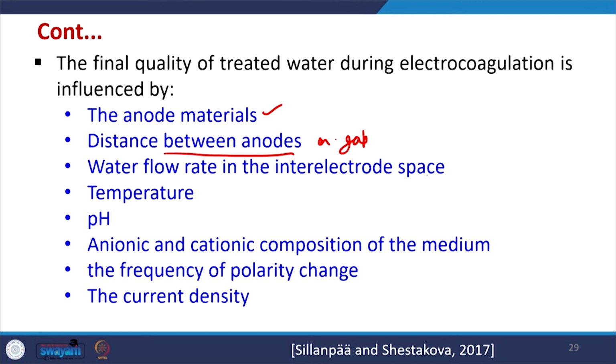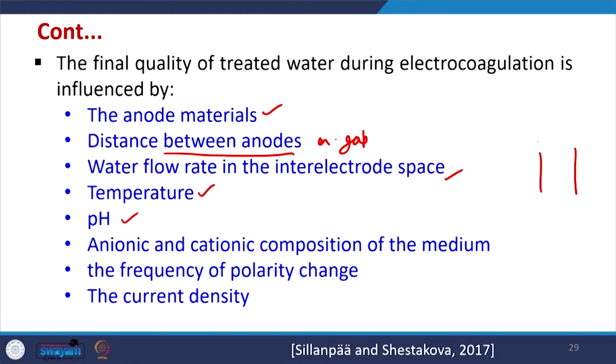Then the water flow rate in the inter-electrode space: we should have enough time so that treatment may happen, depending upon the temperature, pH, and anionic and cationic composition of the water itself.